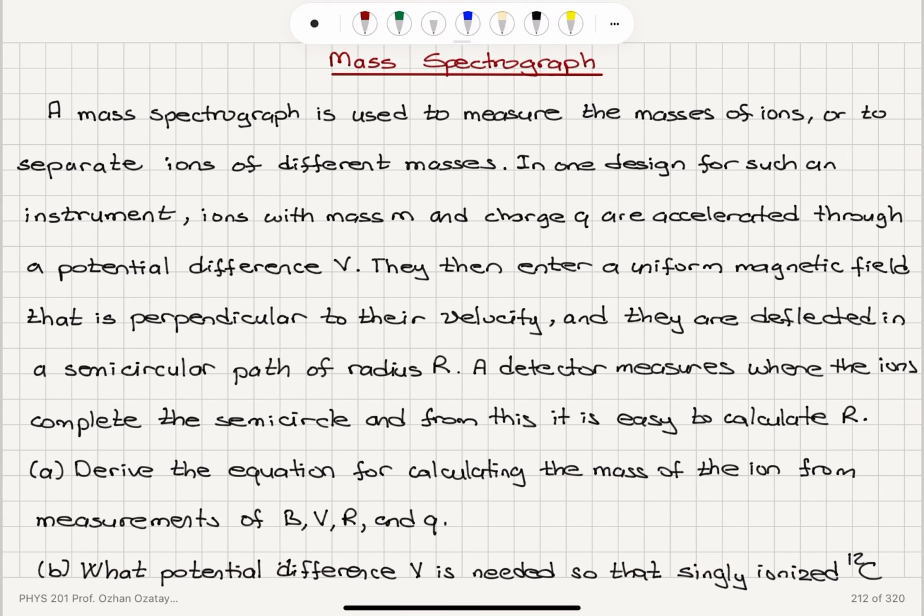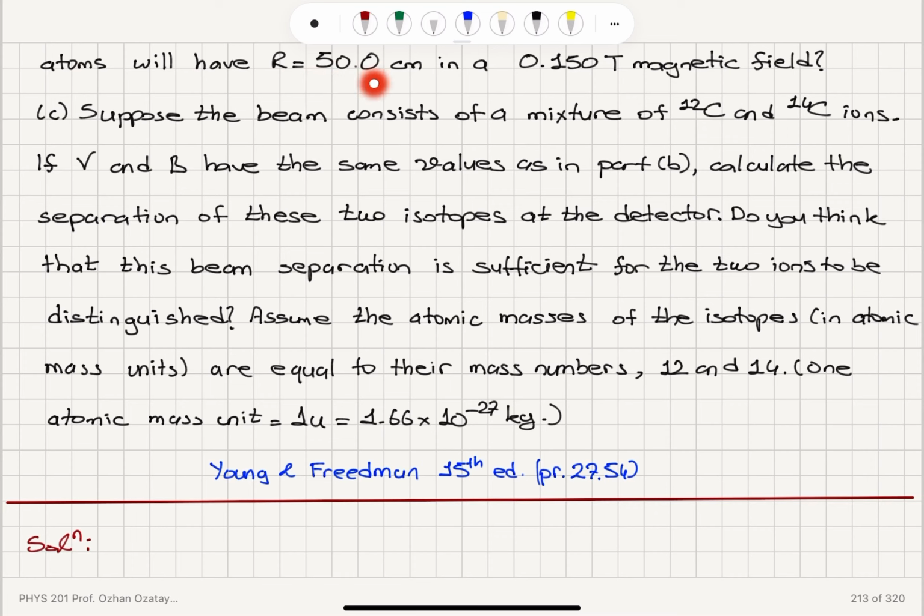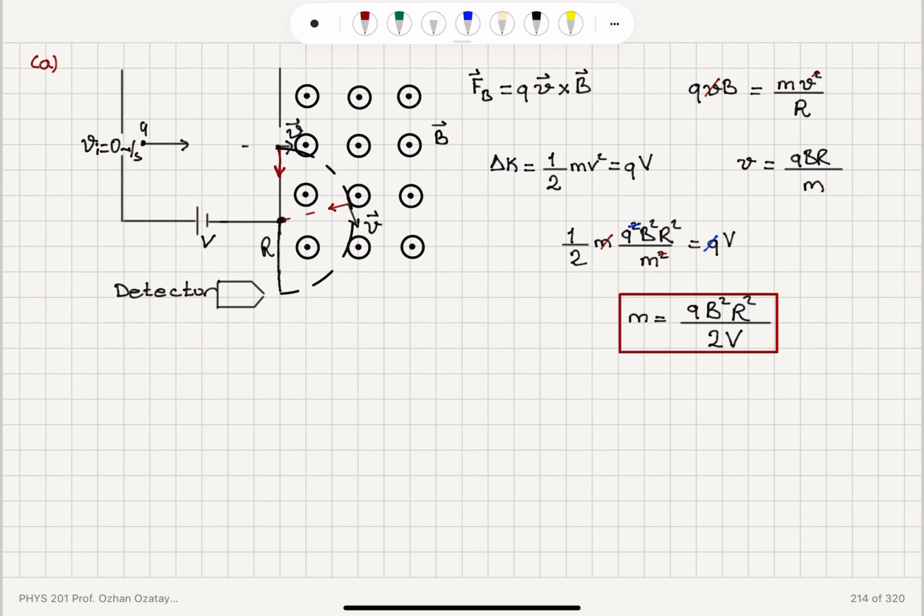In part B, what potential difference V is needed so that singly ionized carbon-12 atoms will have radius of 50 centimeters in a 0.15 Tesla magnetic field? So we will plug in some numbers to the answer we have found in part A. The radius of the semicircle we're looking for is 50.0 centimeters.